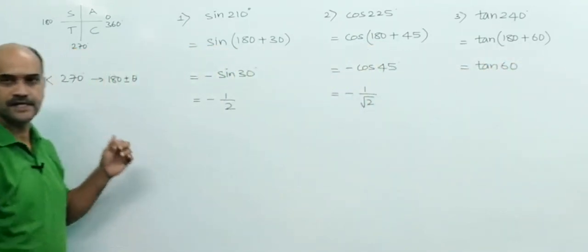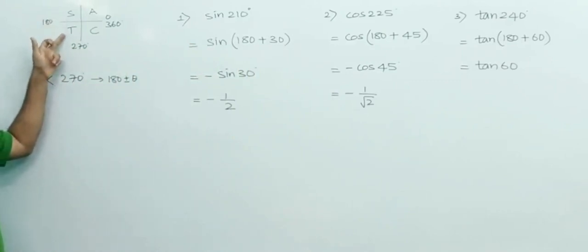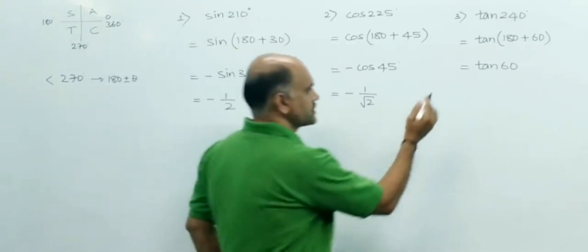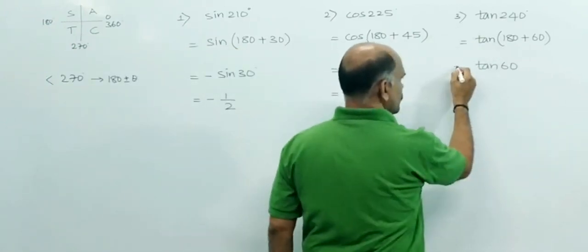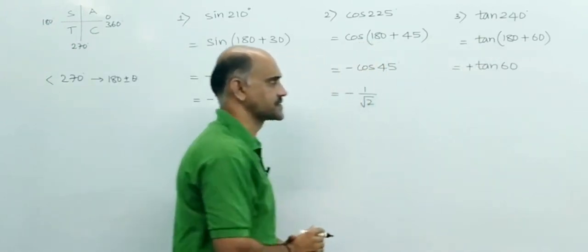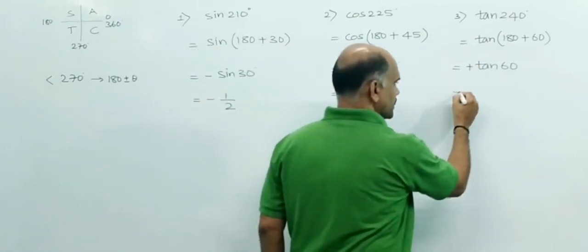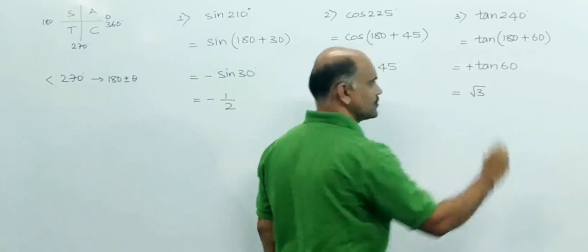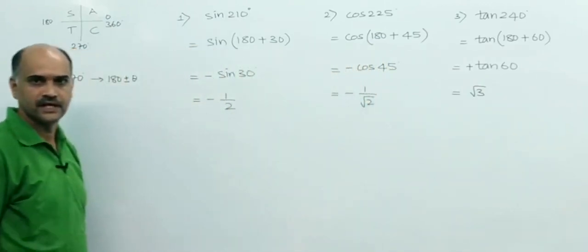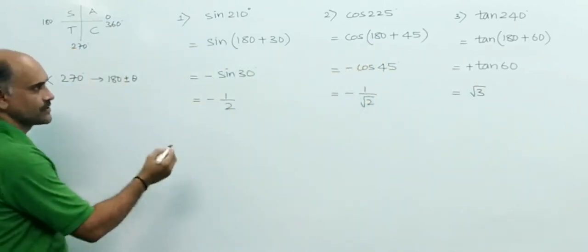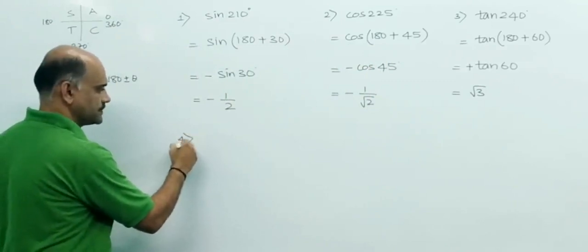So 180 plus means it is in third quadrant. In third quadrant tan is positive, so you will have plus tan 60. So now substitute value. Tan 60 is root 3, so you will have answer root 3. Clear, students? Similarly, you can try fourth one.